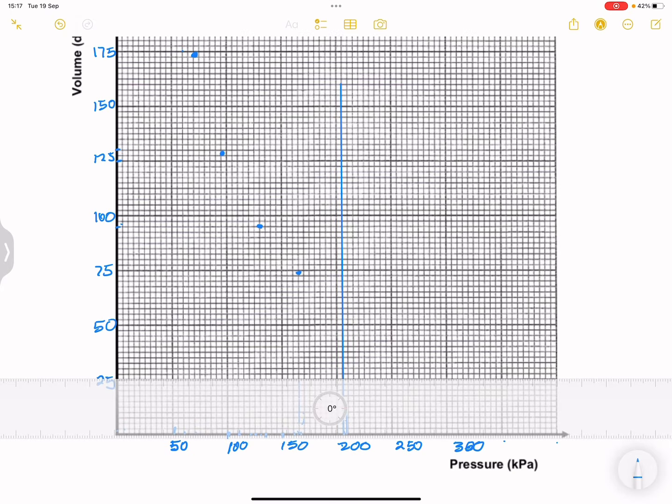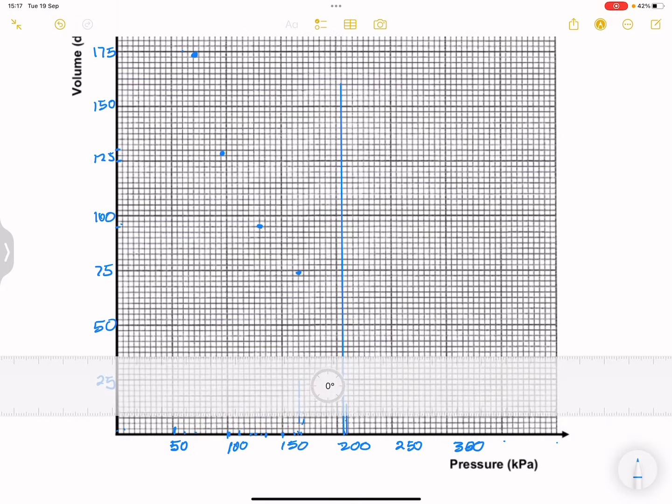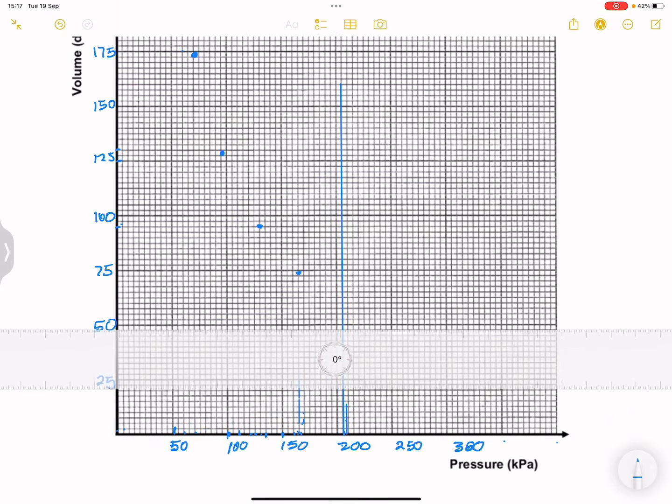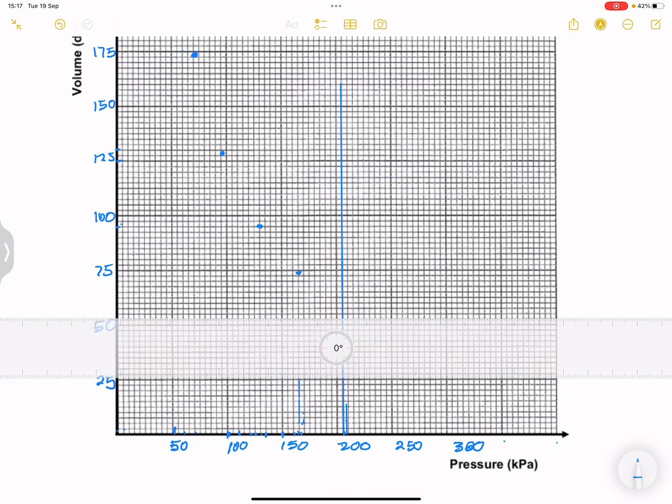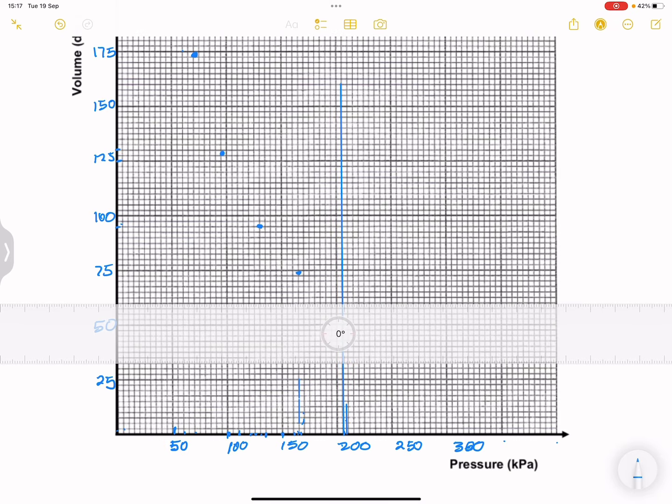And where is 59? Okay, so we've got 50 there, and we've got 55, and we've got 60, so that would be just slightly under 55. So there's our point over there.